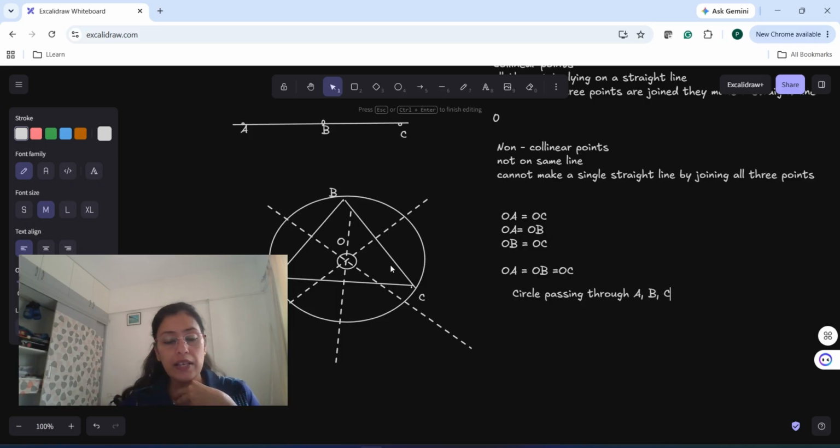Now, if you see, when I joined A to C, C to B, B to A, it is forming a triangle ABC, right?